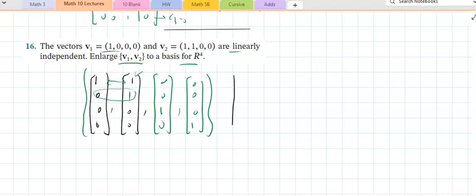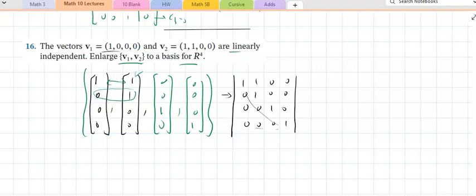How do you know that? Well, let's see. 1, 1, 0, 0, 0, 1, 0, 0, 0, 0, 1, 0, 0, 0, 0, 1. If I multiply row 2 by -1 and add it to row 1, that makes that a 0. Actually, I don't even need that.